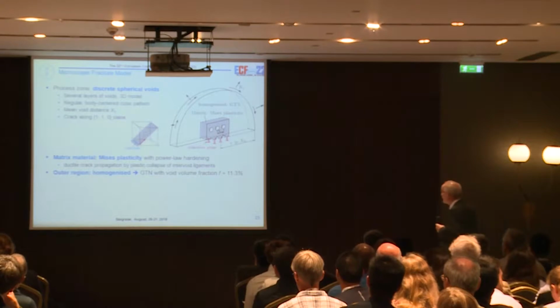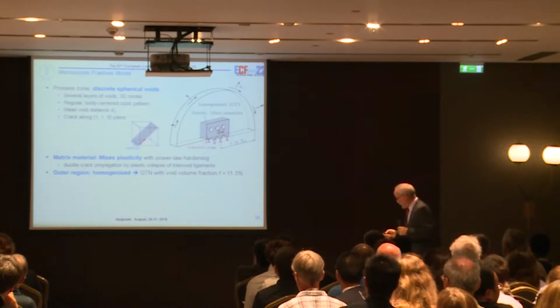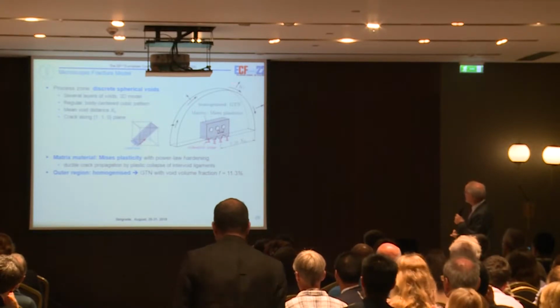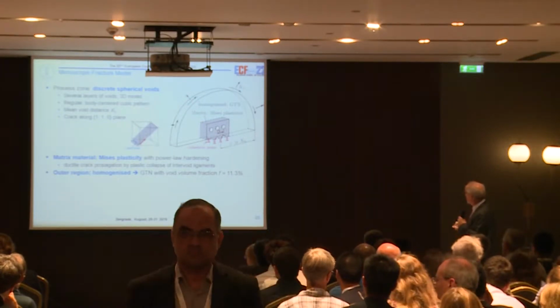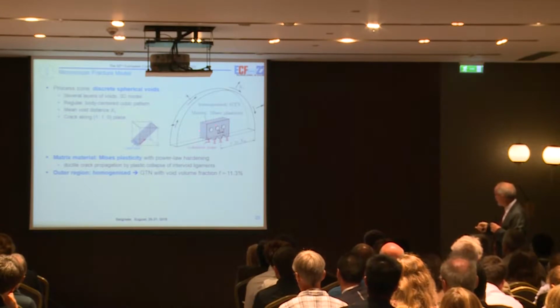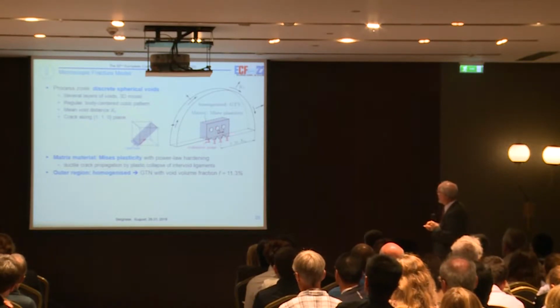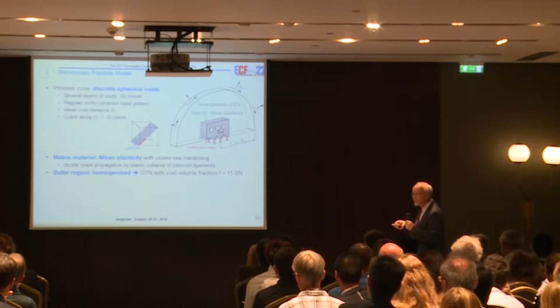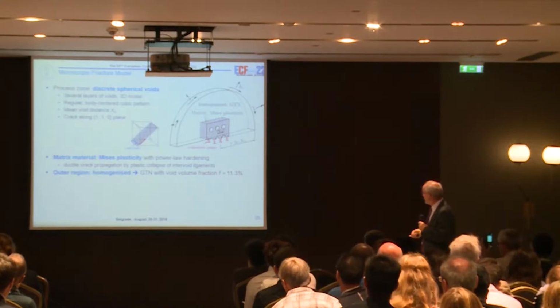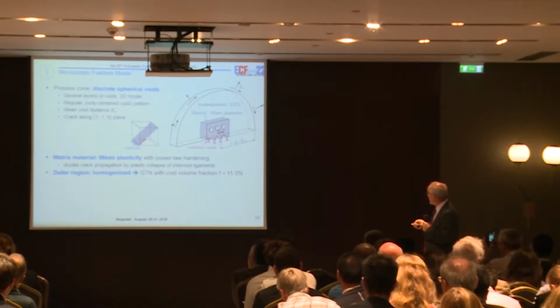So this is our modeling technique. We model in a small-scale yielding case, we apply a K field and at the crack process zone we model discrete three-dimensional spherical voids according to these geometrical parameters, 11% porosity, and then we come up with a certain distance of the voids.